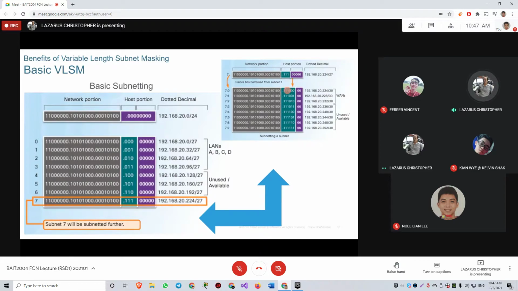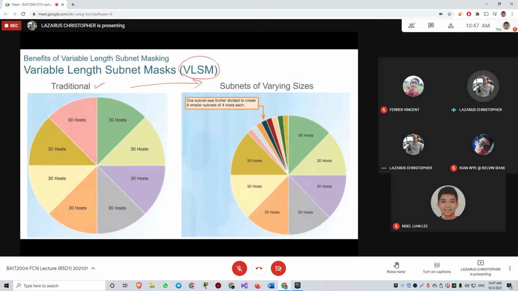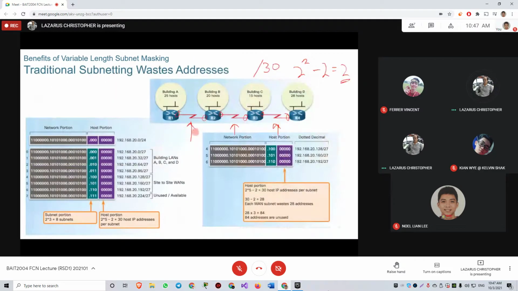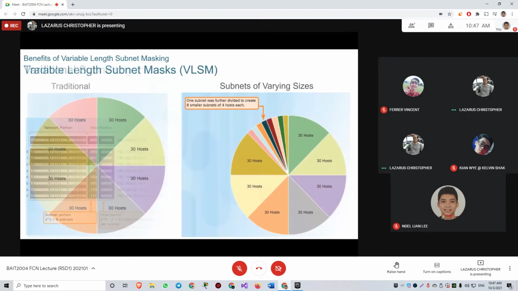Okay, 3 more bits will give us slash 30. And the remaining 2 bits, 2 power 2 minus 2, give us 2 usable host addresses, and it's perfect because the two host addresses are just nice to cover each subnet here, two interfaces, right?